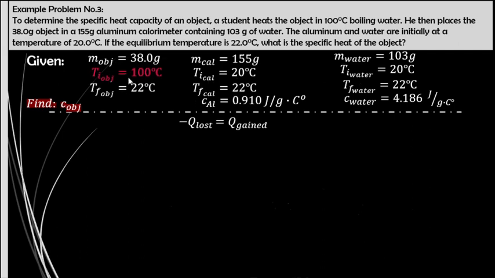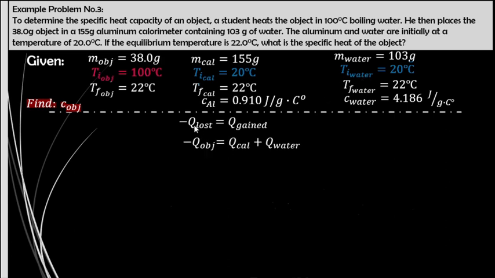Our object has an initial temperature of 100 degrees Celsius, and the calorimeter and water both have an initial temperature of 20 degrees Celsius. As we learned earlier, heat transfer happens from a warmer object to a colder one. Therefore, the heat lost will be coming from the object, and the heat gained will be the heat gained by the calorimeter and the water.